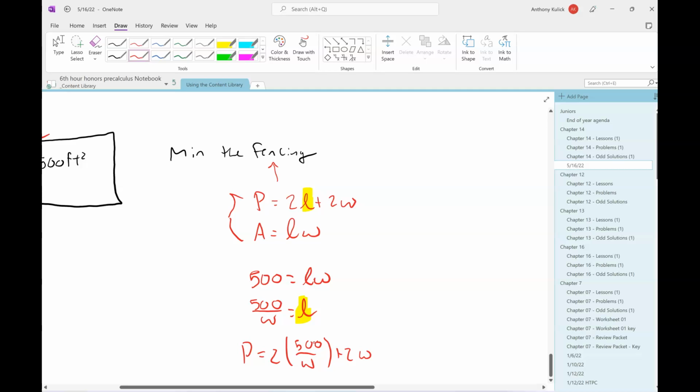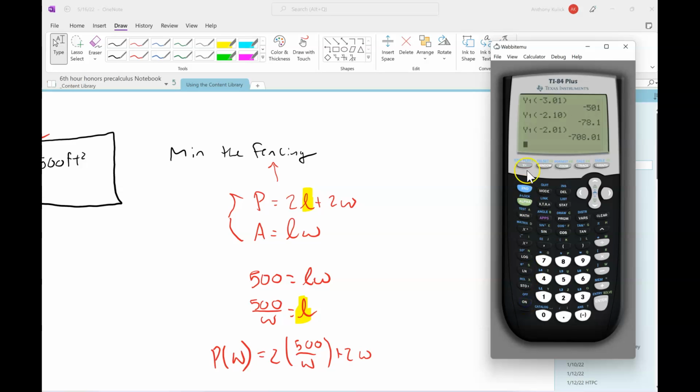So this is a function of perimeter in terms of W, right? Everybody's cool with that? To find where that is minimum, I'm going to graph this function and look for its minimum. What do I have to be careful about when doing this, though?